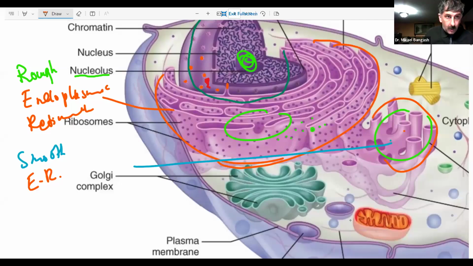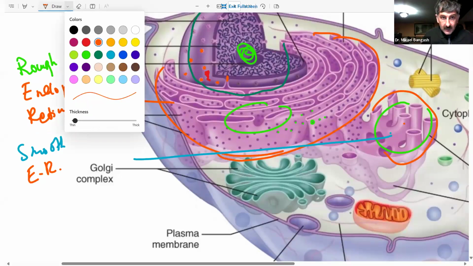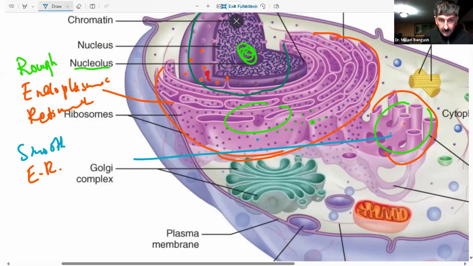Now, as we said, what we saw on the surface of our rough endoplasmic reticulum, what makes it rough, is going to be these small bumps here.